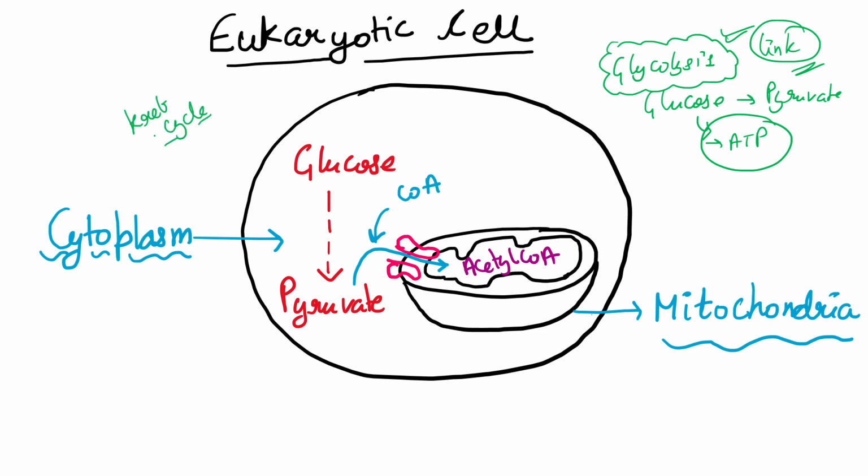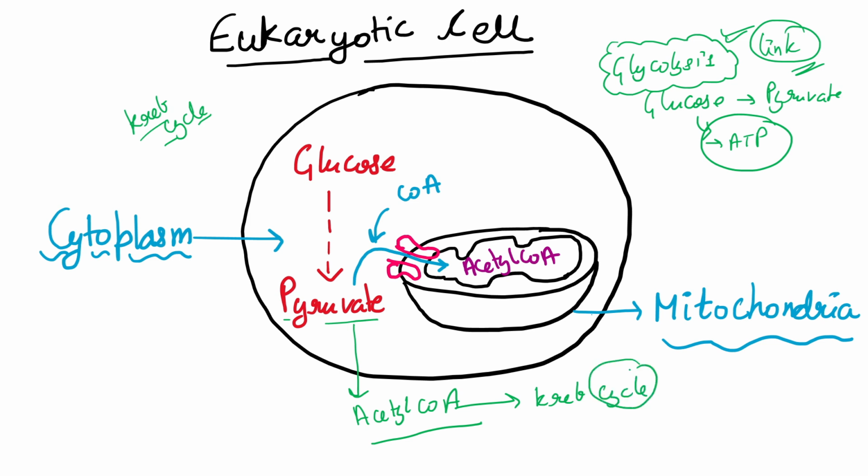Once the glucose is converted into pyruvate, the pyruvate enters into the mitochondria. But pyruvate won't enter the mitochondria as it is. It would first convert into acetyl coenzyme A, and then it will get into the Krebs cycle, which is going on in the mitochondria.